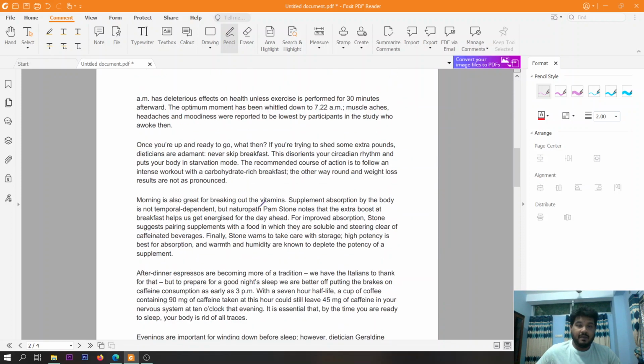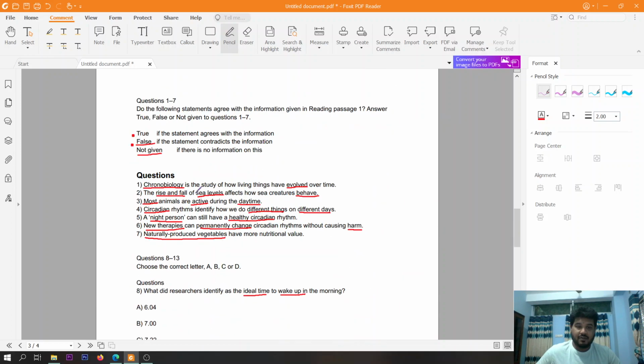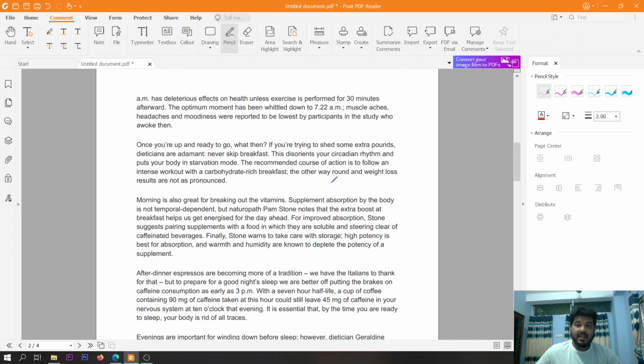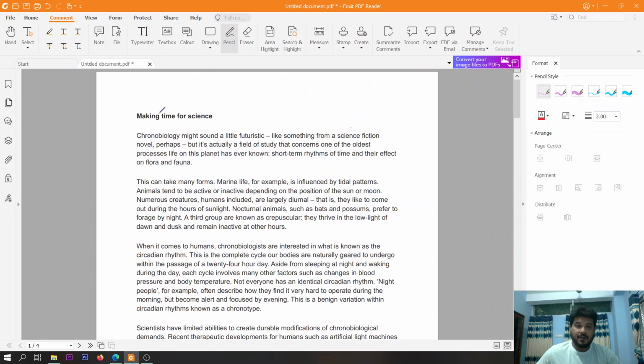So the first question for true, false and not given is: chronobiology is the study of how living things have evolved over time. Now remember, this passage is about making time for science. So most likely it's going to talk about time, or time related something, right?